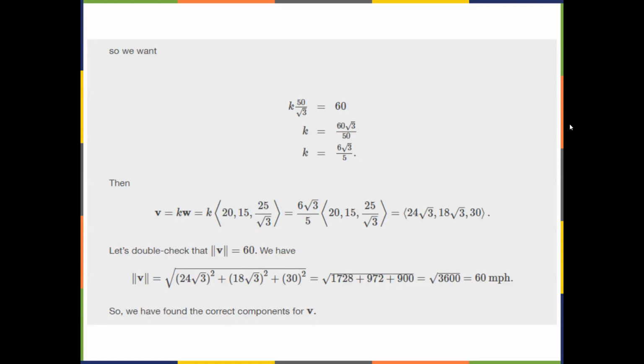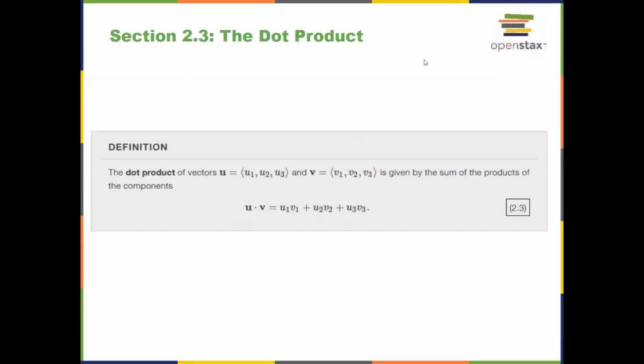Okay, so to sum up section 2.2, we're taking what we know about vectors in 2-dimensional space and just adding in now the third dimension of plane Z or XYZ. All right. So the dot product, you guys should recall dot product from 2 dimensions.